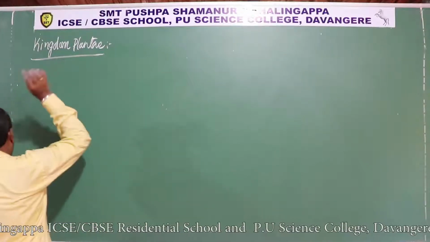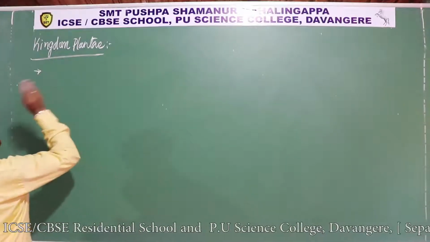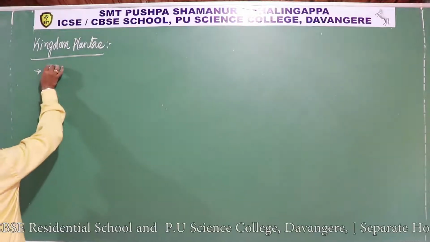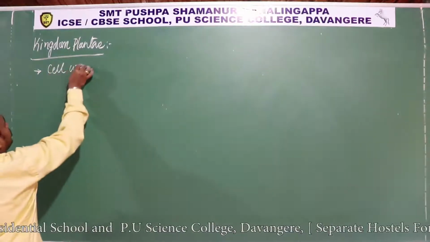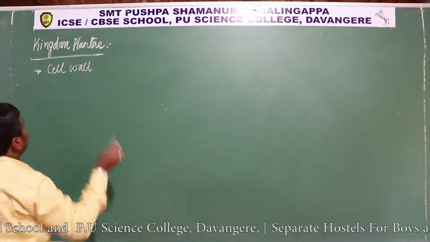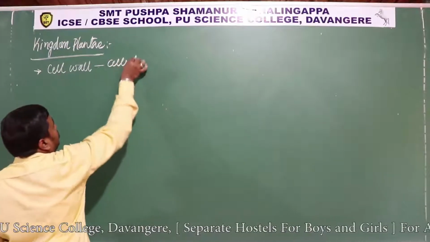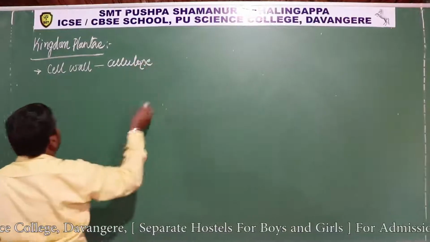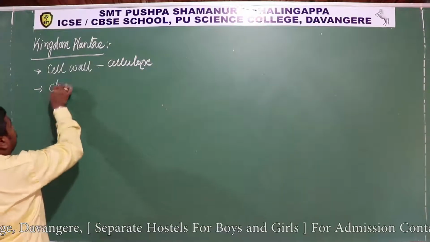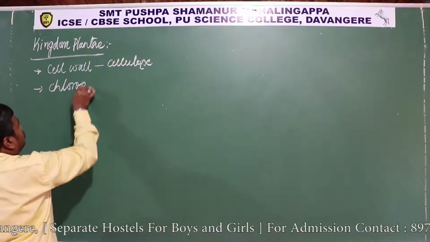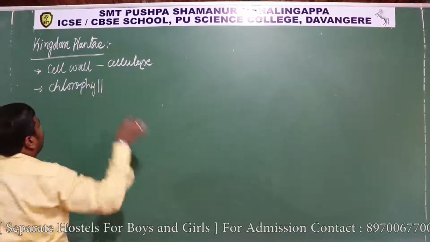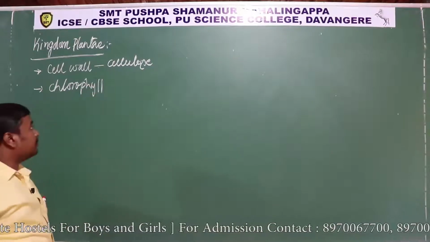So the chief, prominent character of the kingdom Plantae is that they have a cell wall made up of cellulose, and they have chlorophyll pigment.